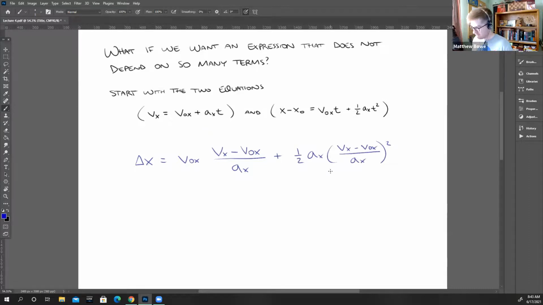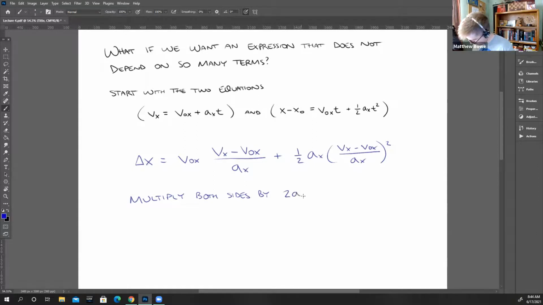Then multiply both sides. This is the bit of derivation that we're doing.